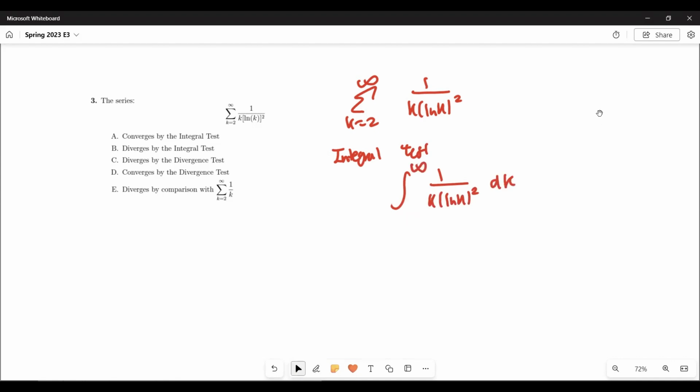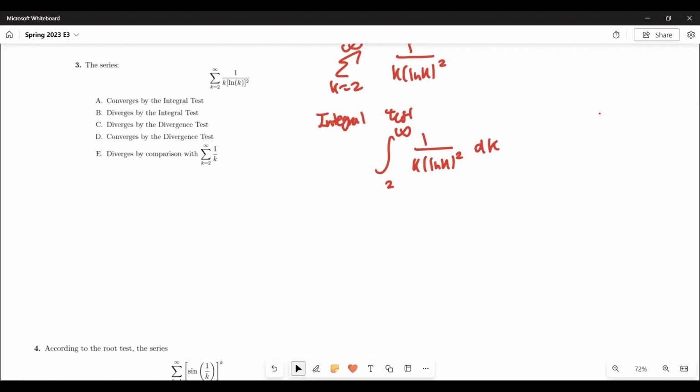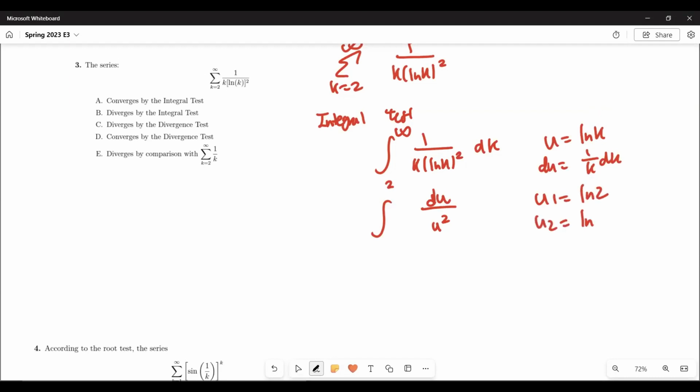If you put u as ln k, du is 1 over k dk. So this becomes 1 over u squared du, and then you have to write new bounds. u1 would be ln 2, u2 would be ln infinity, which is infinity. So ln 2 to infinity.